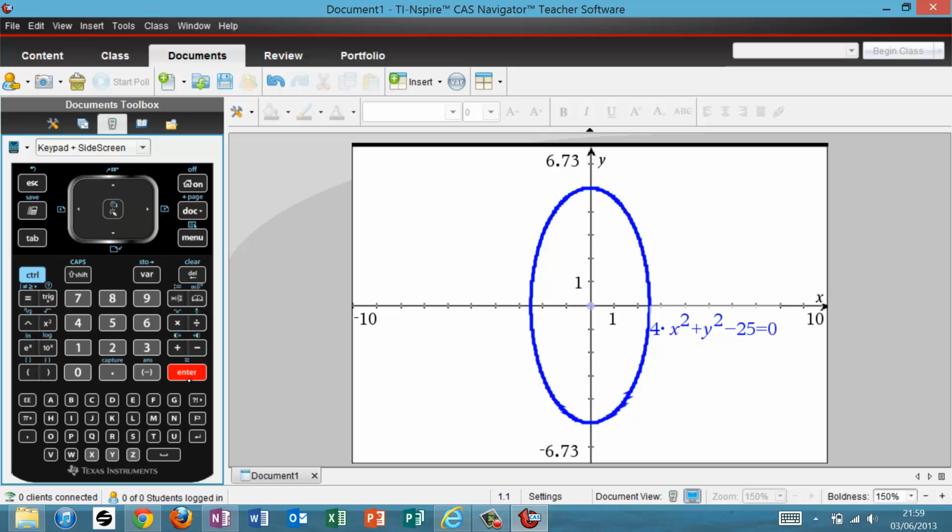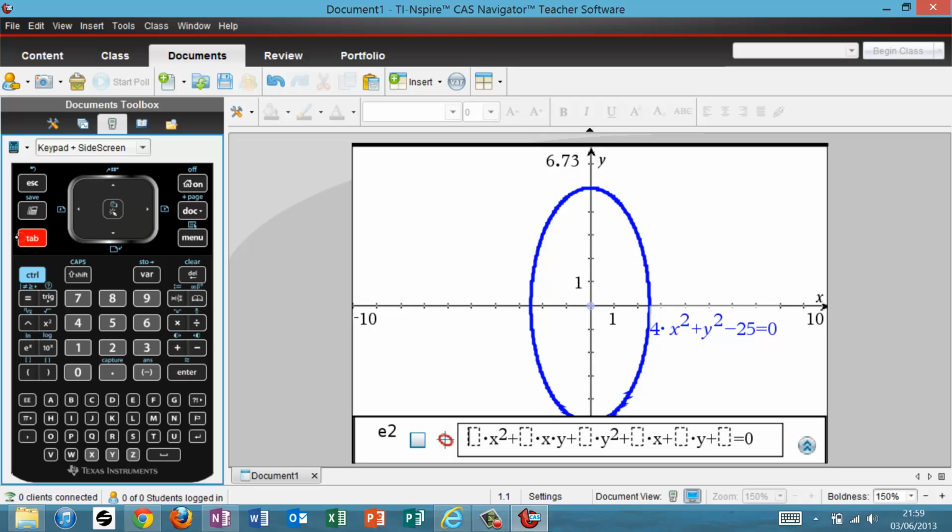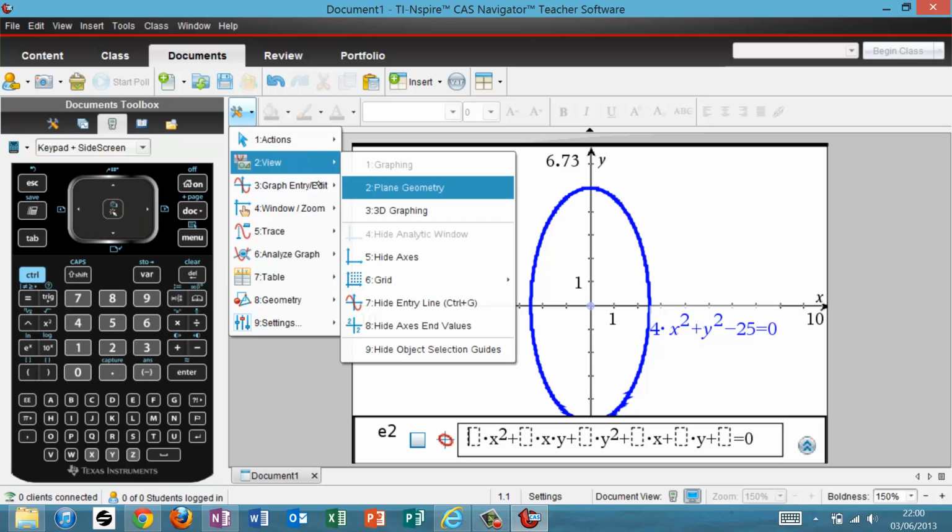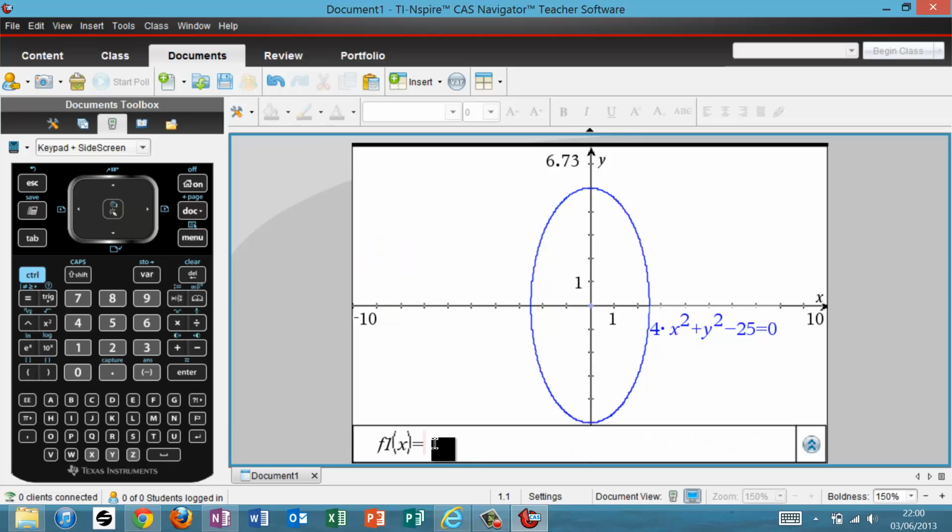So there's my ellipse, and then for my second, I will graph y is equal to, oops, I want to go back to my view menu and change my graph entry to just function mode, and then let's do y is equal to negative 2x minus 1.